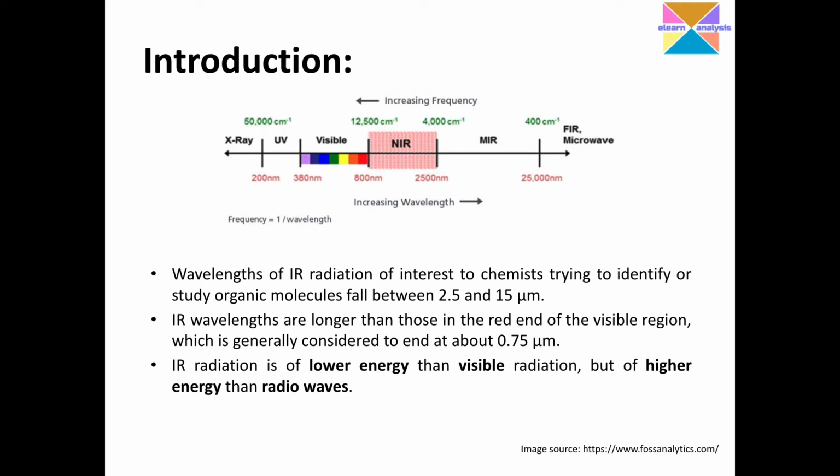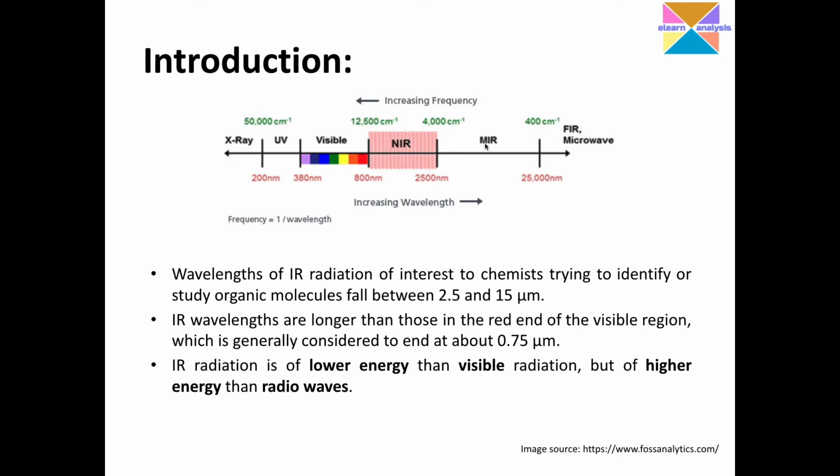And throughout this discussion, we'll be discussing the infrared spectrum, which we also call MIR in particular. We call this the vibrational portion of the infrared region, where the wavelength region is from 2500 nanometer to 25,000 nanometer. This is the mid-IR region, I'll come to this in the very next slide.